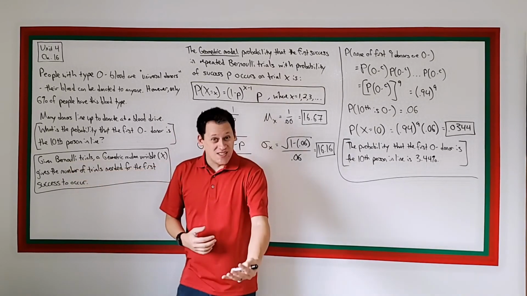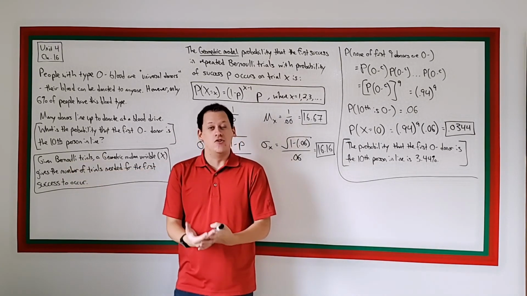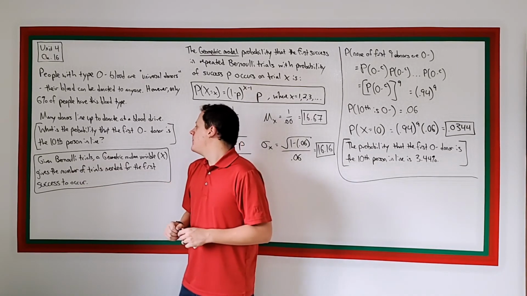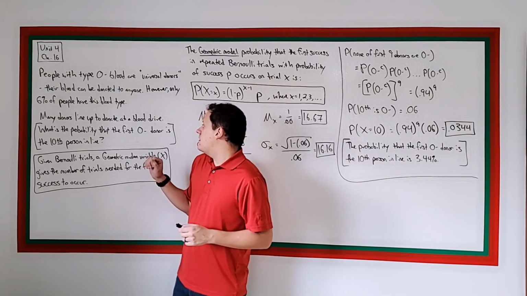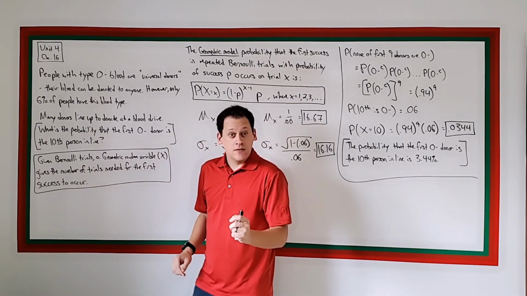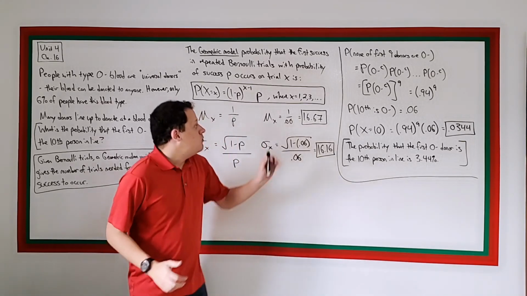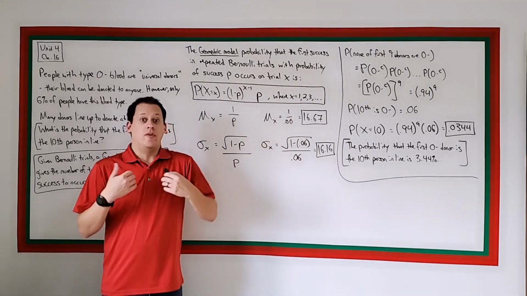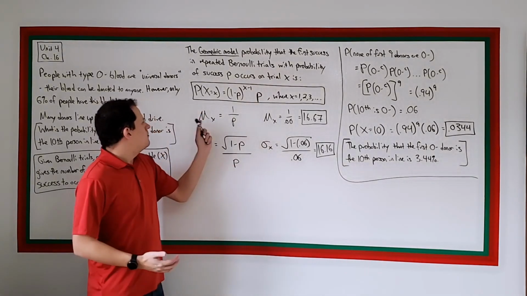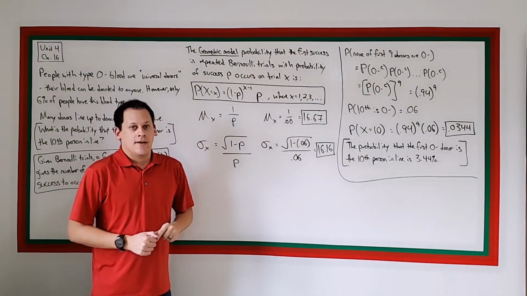We learned about the 10% condition, just in case you're worried that your trials aren't independent of each other. We know that the geometric random variable is the number of trials until the first success, right? And we've calculated the probabilities for geometric random variables and means and standard deviations.